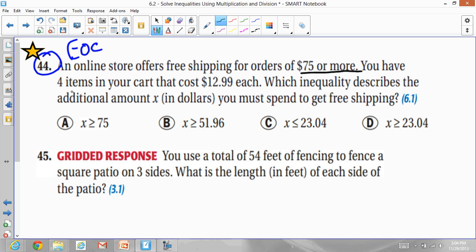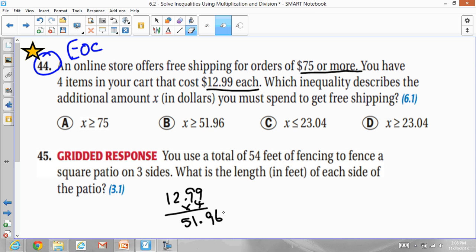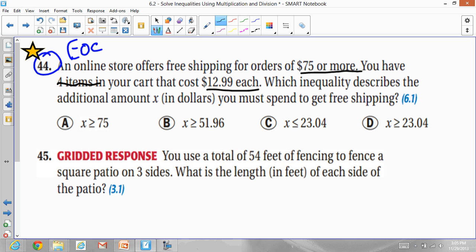So let's find for the 4 items, and each item is $12.99. So what you have to do is, for the 4 items, it's going to be $12.99 times 4. So $12.99 times 4 is going to give you $51.96.